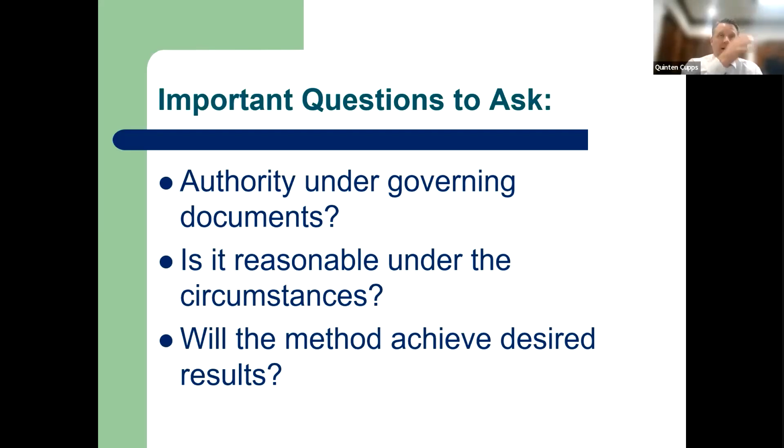So if your documents are silent and you want to address something, the only other option you may have would be to amend your CC&Rs and try to add that restriction. But I don't want to go too far down the rabbit hole with CC&R amendments, but there was a case last year from the Supreme Court that has made amending your CC&Rs much more difficult.